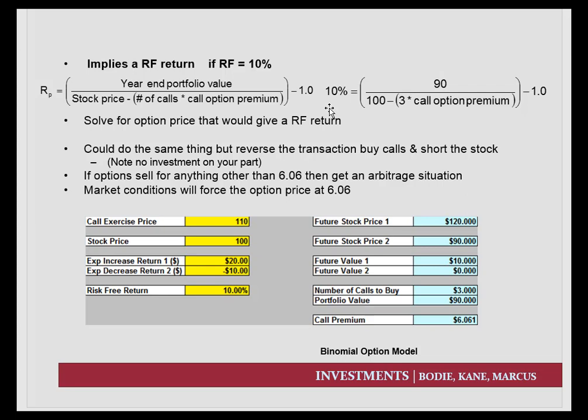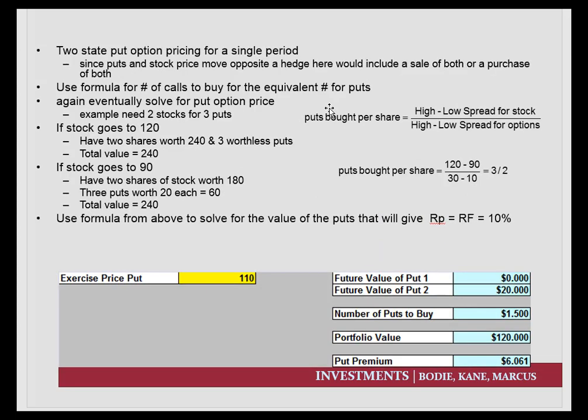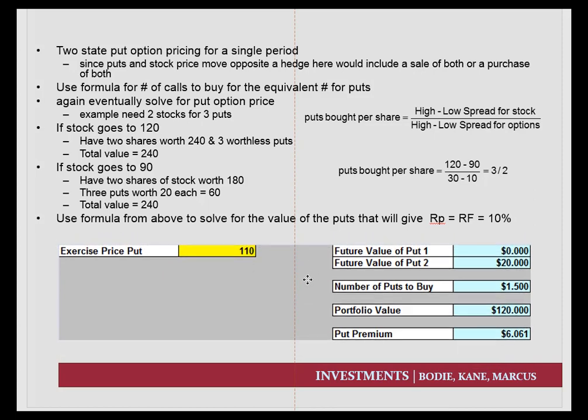It has to be worth $6.61 because this formula is a risk-free portfolio and it has to equal this 10%. Now, what can we do with puts? The exact same process goes with puts, except now we're going to talk about how many puts we are going to buy per share. Again, it's just the spreads of the stock divided by the spreads of the option. In this case, it's 3 halves. For this exact same worksheet, this is just the bottom of that, we put in the exercise price of the put.